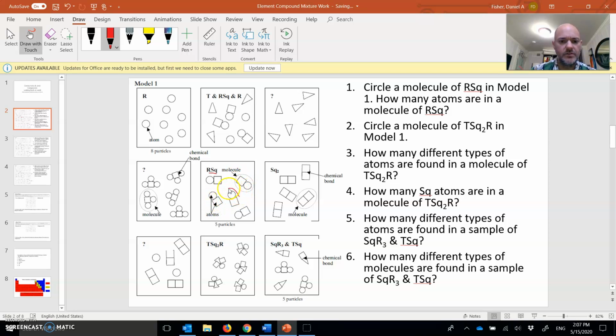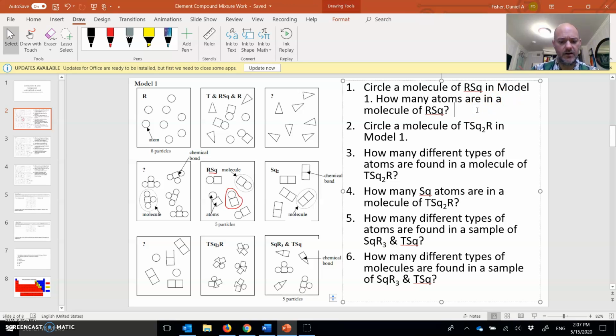So I'm just going to circle this thing right here. That is a molecule of RSQ. And then how many atoms are in it? Well, this one is pointing once to the circle and once to the square, saying those are atoms. So there are 2 atoms in that molecule.